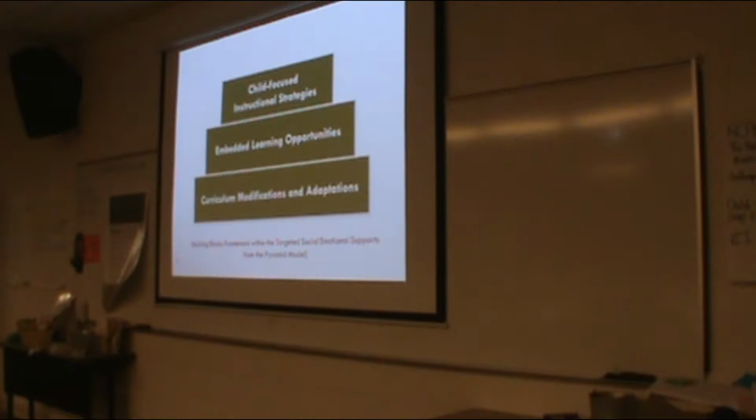Embedded, teachers create short teaching episodes within ongoing classroom activities and routines. Teaching episodes focus on a child's individual learning objective, mapping used here. Curriculum modifications and adaptations. These change the academic or curricular demands made of a child to better fit the child's ability.